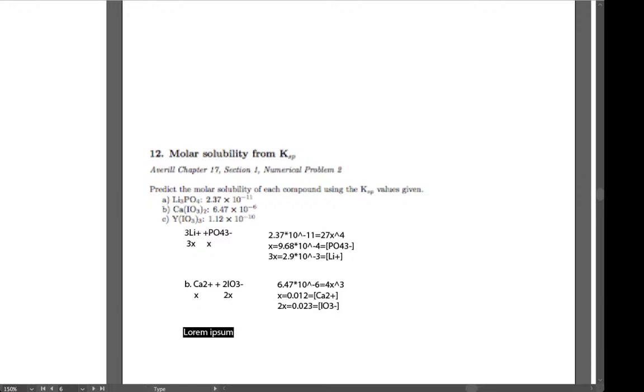Lastly, for part C, Y of IO3, so Y is 3 plus, and then you add that to 3 of IO3 minus.